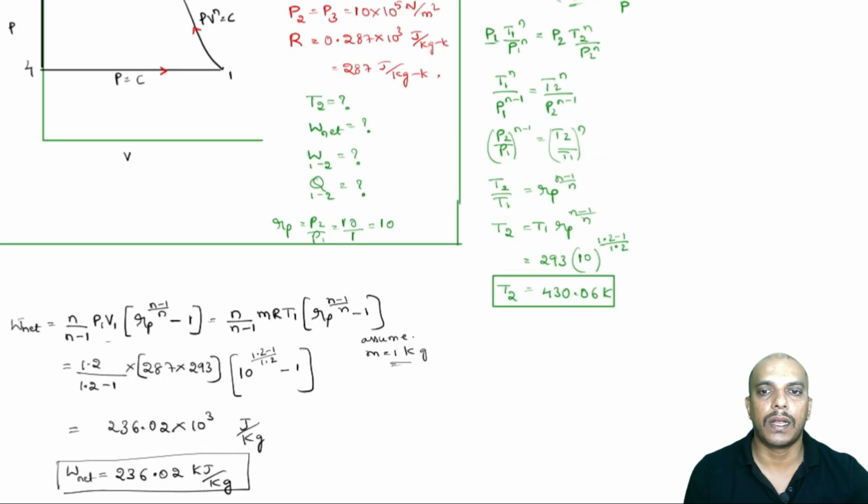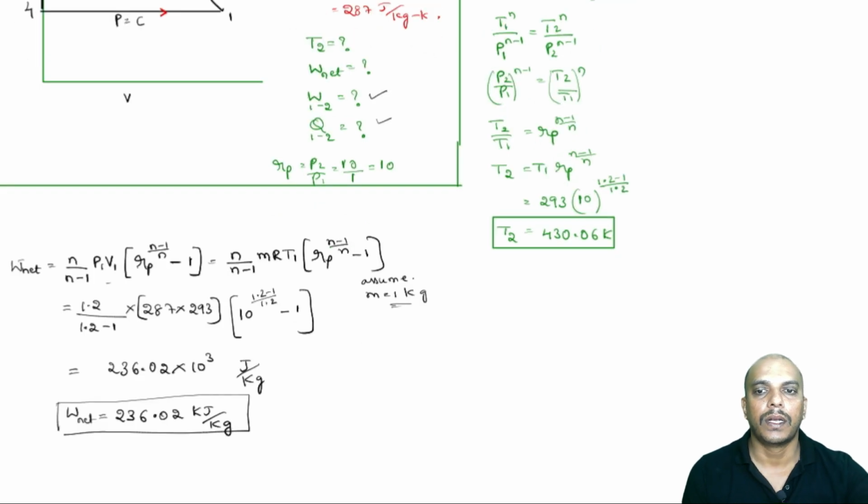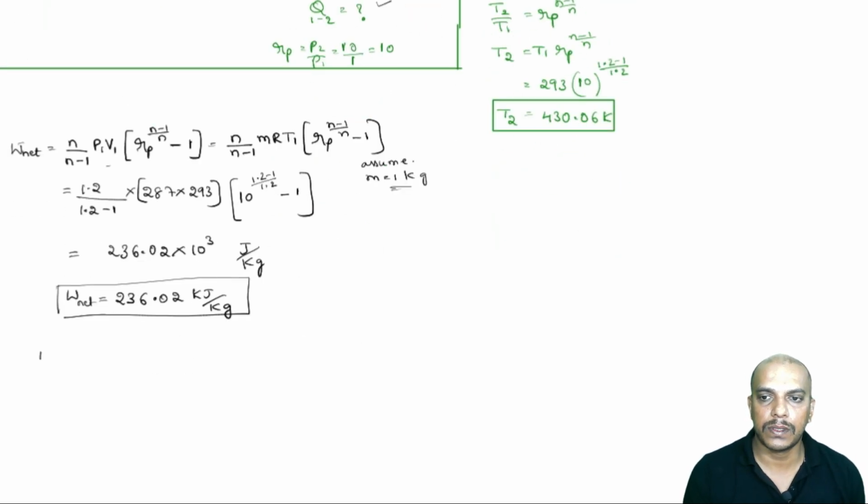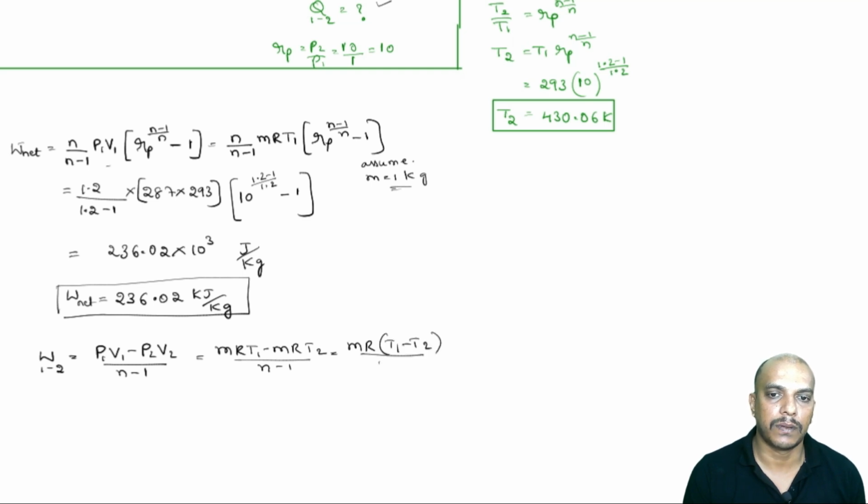Now let us go to the last part, that is we want W12 and Q12. Now what is W12? It is a polytropic process. We can write P1 V1 minus P2 V2 by n minus 1. Obviously we do not have PV, so we write it as MR T1 minus T2 by n minus 1.